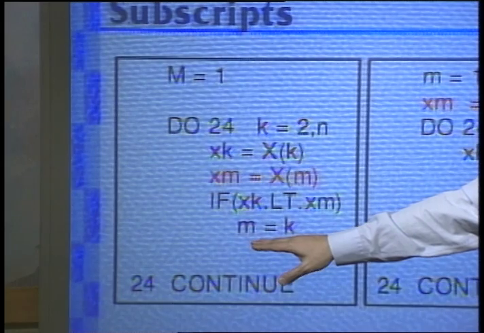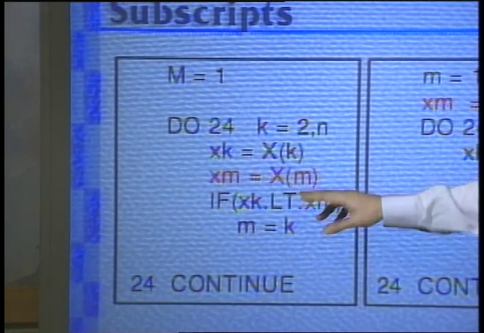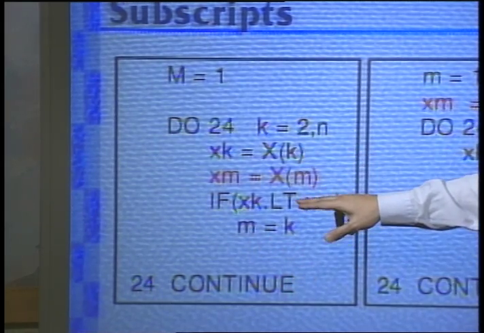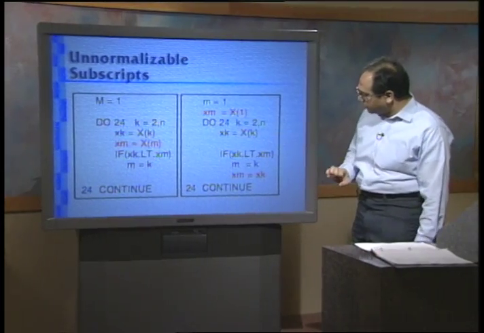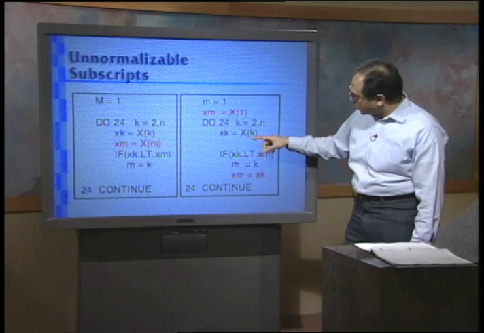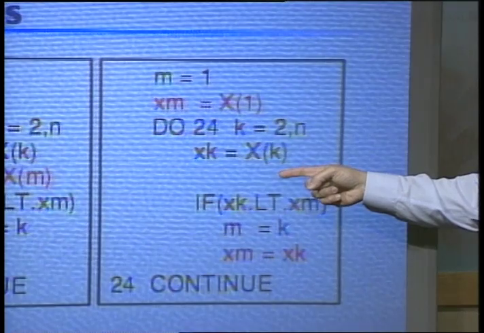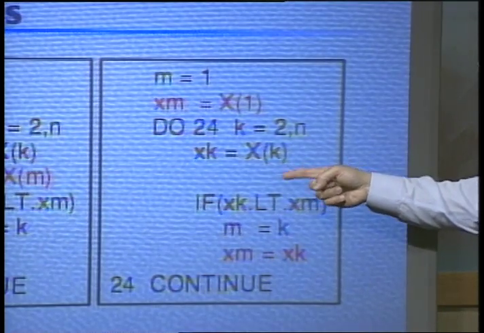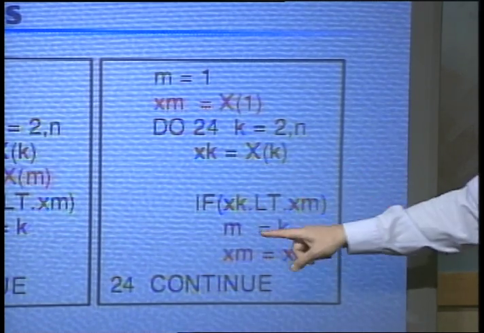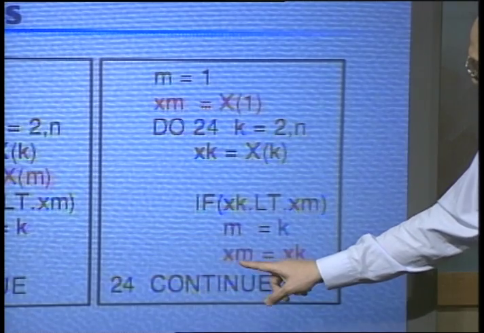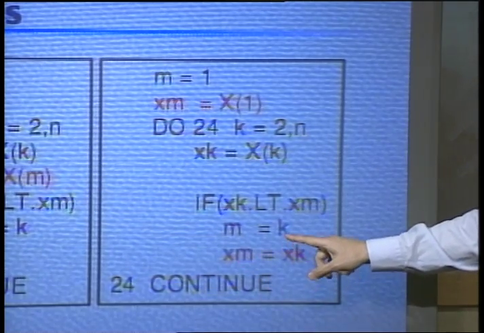And so now we need the new x of m, but that is the same as x of k, which is available. So we can end up with this kind of code over here, in which we don't keep loading x of m repeatedly. And in the situation where this condition is true, when we find a new minimum, we set m equal to k and we set xm equal to xk.